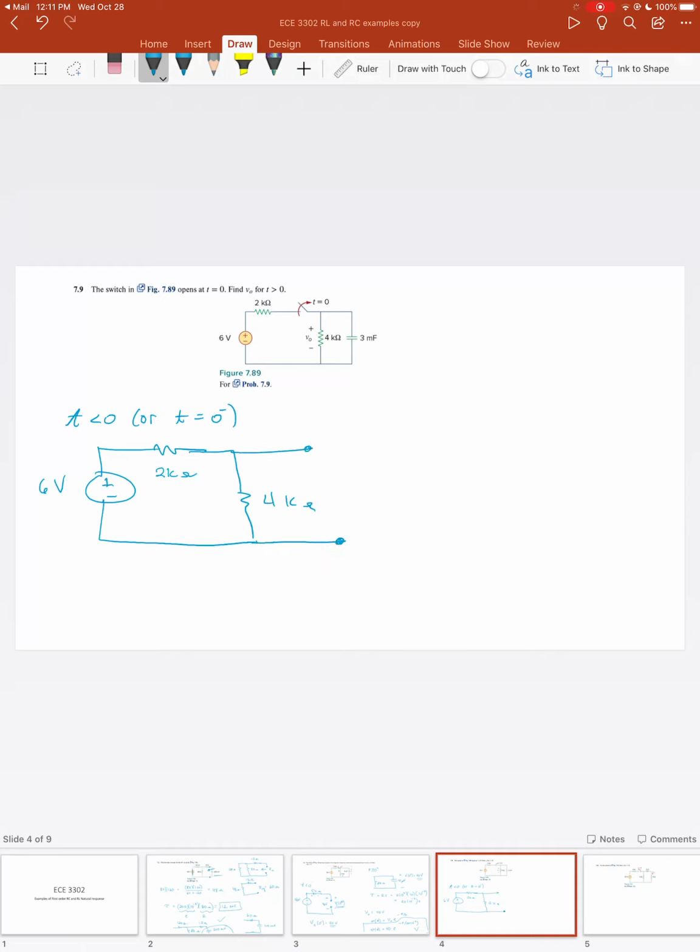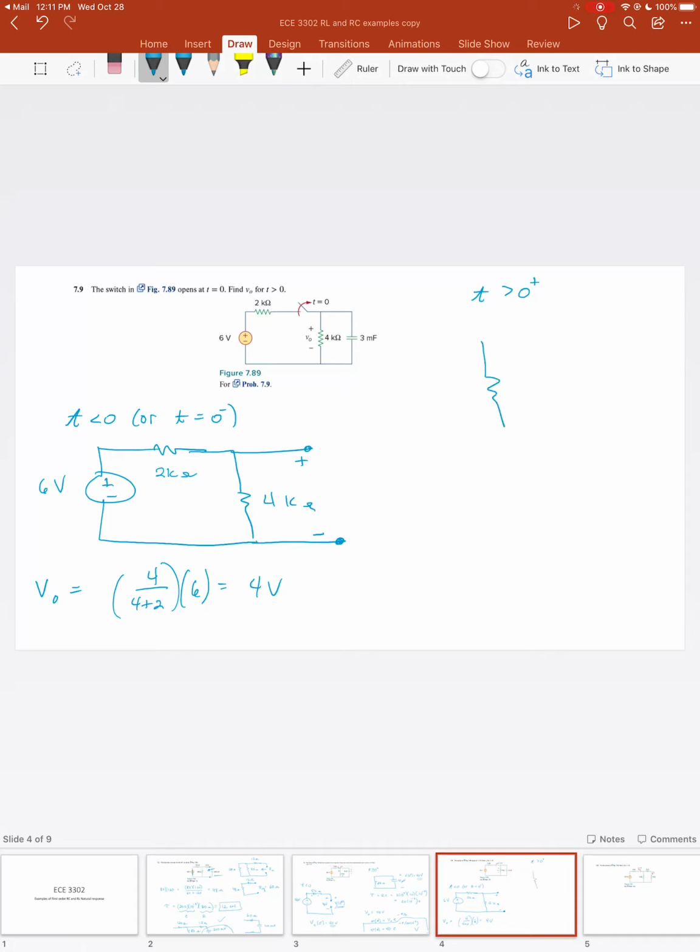And the capacitor, because it's been sitting for a long time, is open. So the voltage across the capacitor is the voltage across this open circuit, which is the voltage across the 4 kiloohm resistor. So doing voltage divider, V sub 0 will be 4 over 4 plus 2 times 6, which is 4 volts.